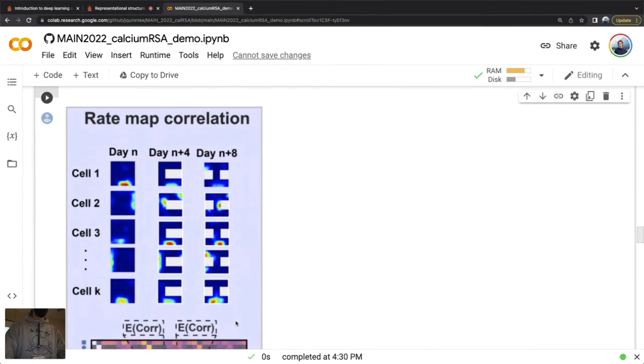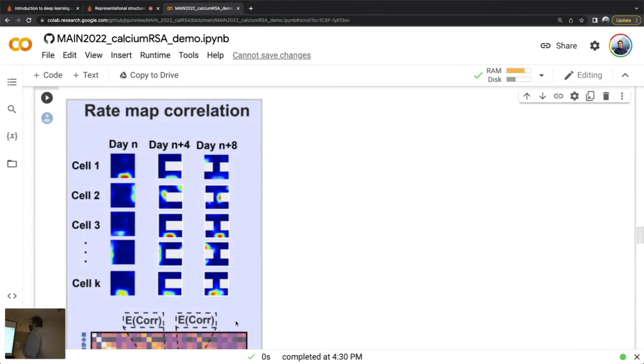We have them. So what you can imagine doing instead is take cell by cell all the rate maps for these neurons, and whatever neuron we've identified on a pair of days, we could correlate that rate map from that same cell that we've tracked over time with itself. So you could correlate the rate maps cell by cell across all pairs of days.